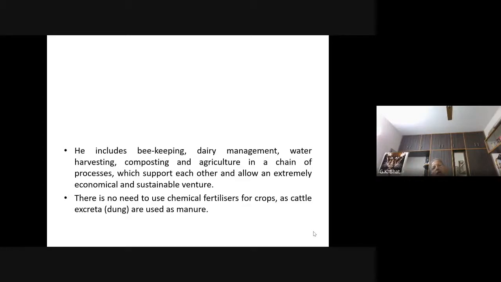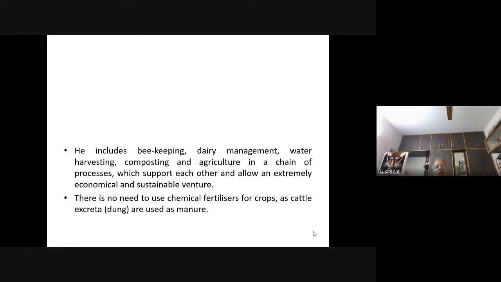If you enter their arecanut garden, along with the arecanut there will be cardamom, elaki. You know, cardamom is elaki. Some people will have coconut, some coffee, some banana, all as mixed crops.